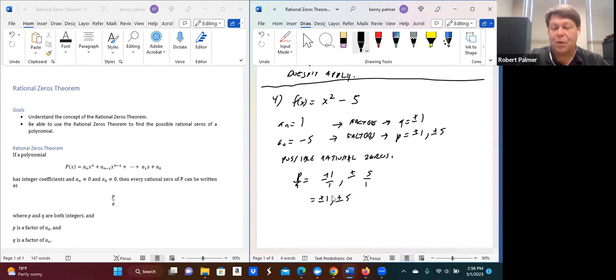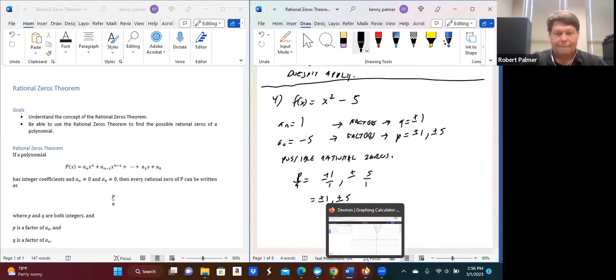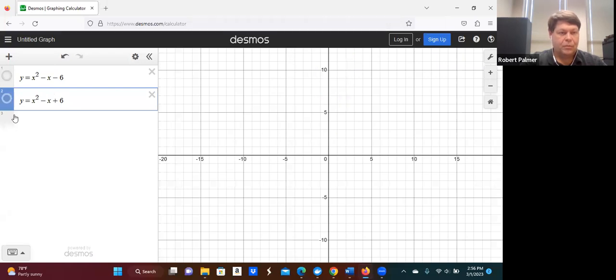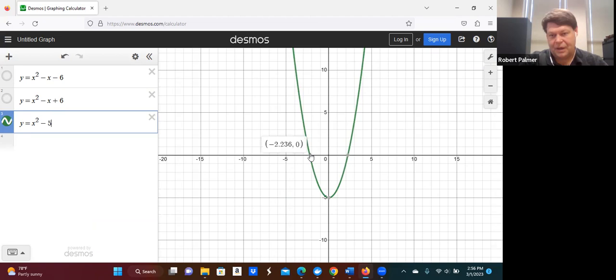Actually, no. Let's graph this one, y equals x squared minus 5. It turns out those numbers are not rational zeros.